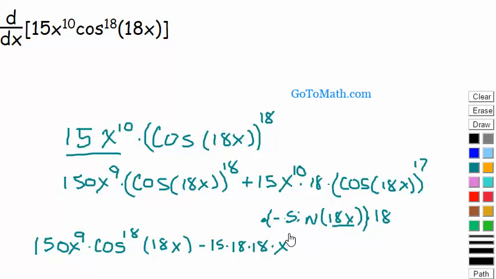We'll just go ahead and write that. Hopefully I'm not leaving anything out here. We have the cosine to the 17th of 18x, times the sine of 18x.